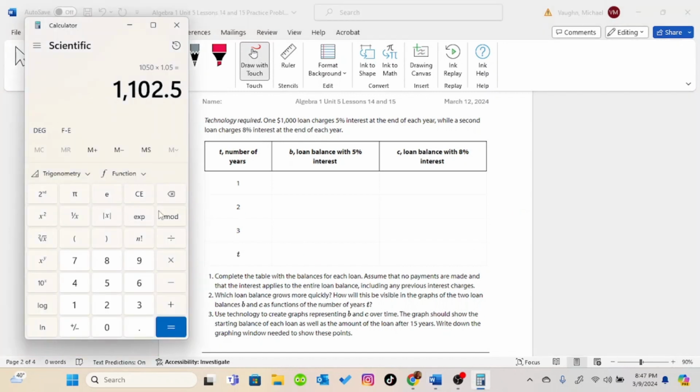So on a calculator, we have the original $1,000 of the loan, and we're going to multiply that by 1.05. This is 5% interest the first year. So after the first year, the loan balance is $1,050.